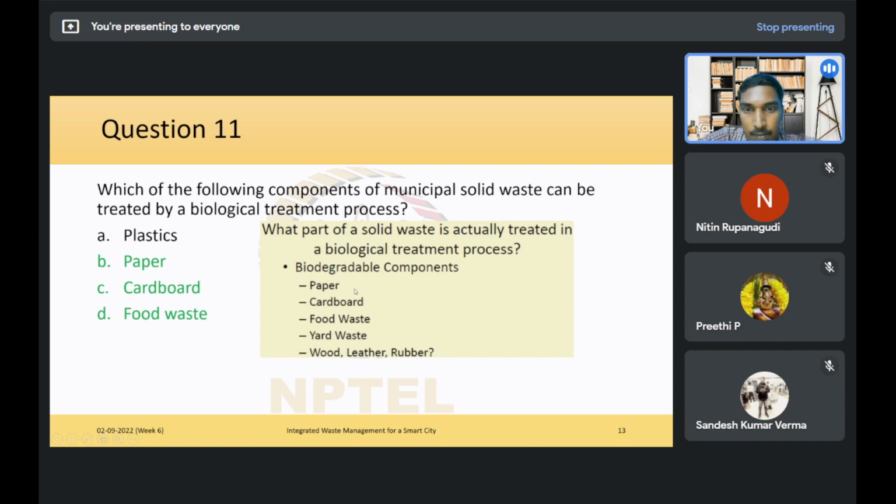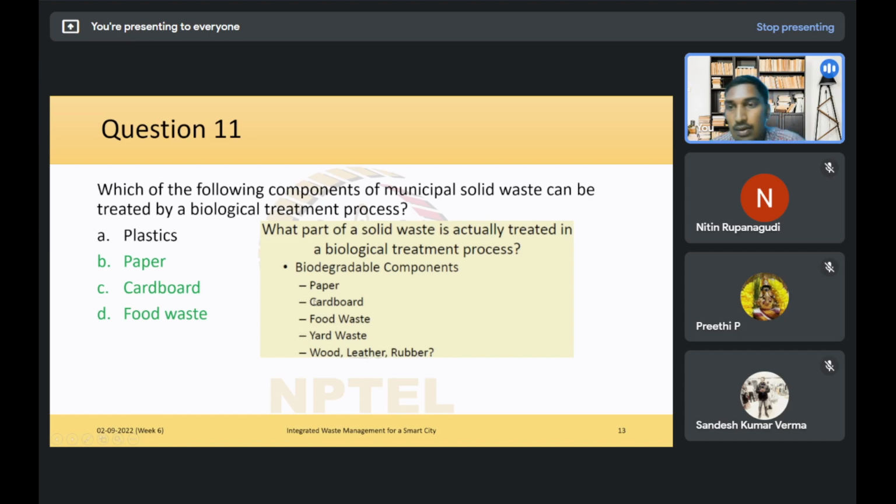We saw paper, cardboard, food waste, yard waste, and theoretically, wood, leather, and rubber also can be biologically degraded, but it takes more time for any practical applications, right? So we cannot wait for that long. Therefore, we generally do not use wood, leather, and rubber in the composting process.